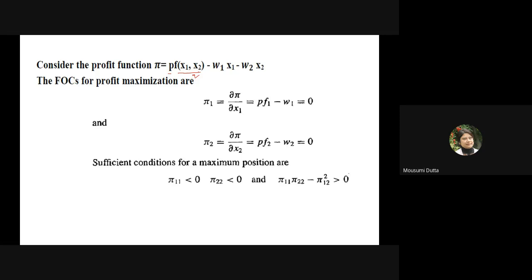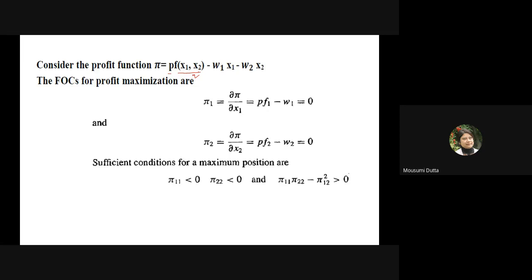Now the first order condition of profit maximization: we will consider the derivative of pi with respect to the first input, say x1. So pi 1 is equal to del pi by del x1. The entire exercise I am doing here in terms of the inputs.